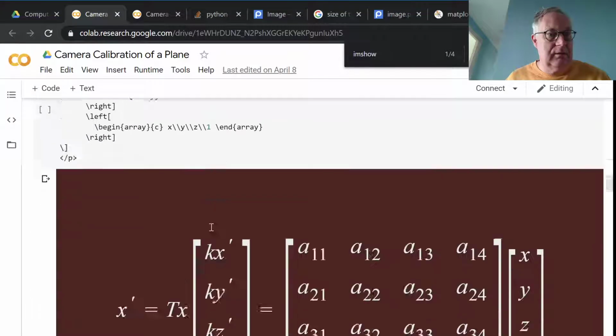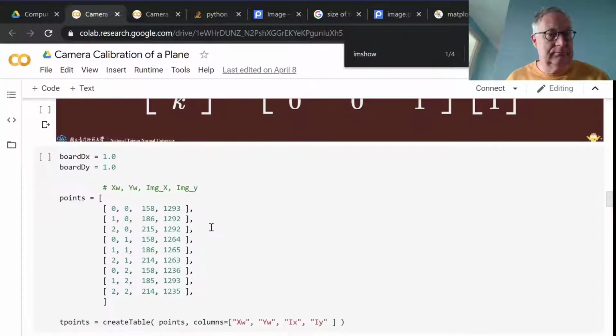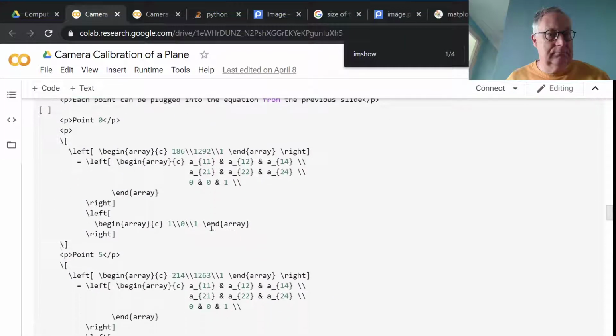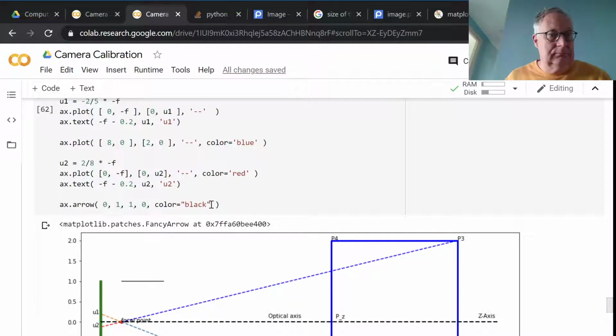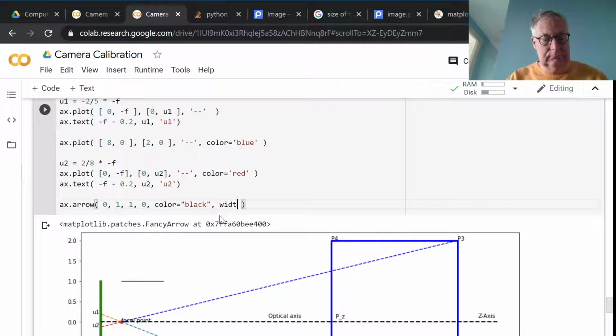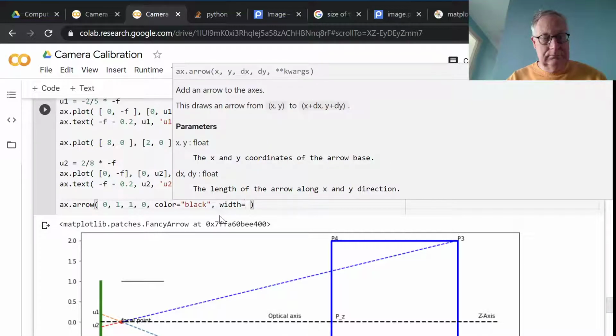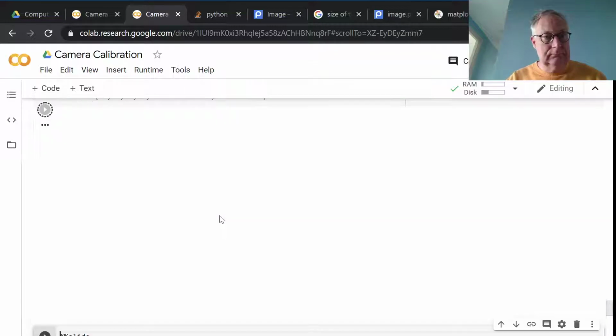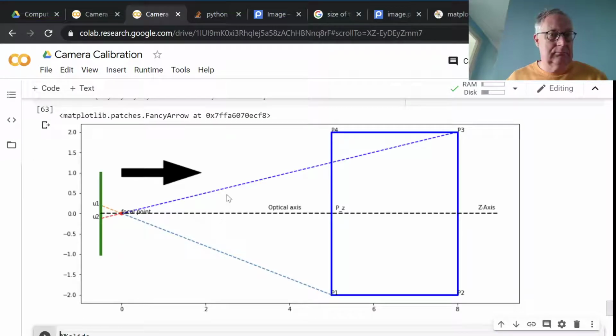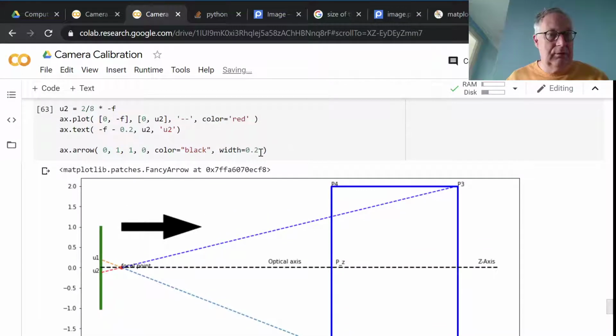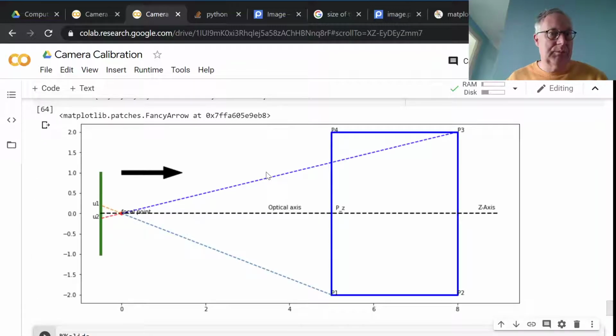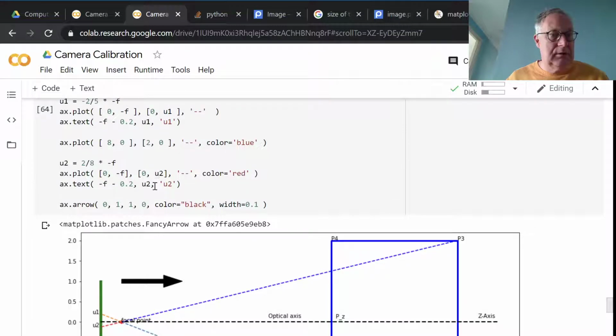Width. Right, so maybe a little bit too big. A little bit too low.